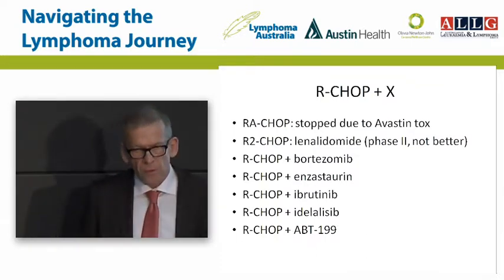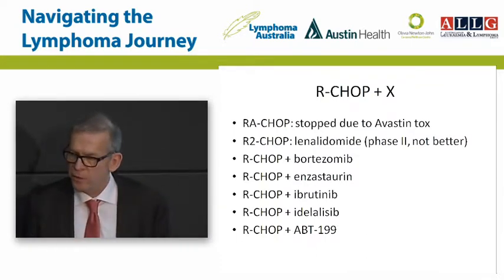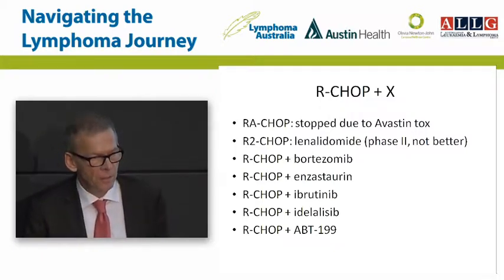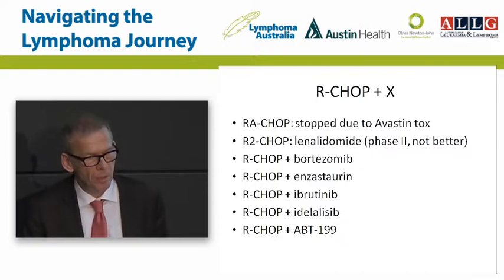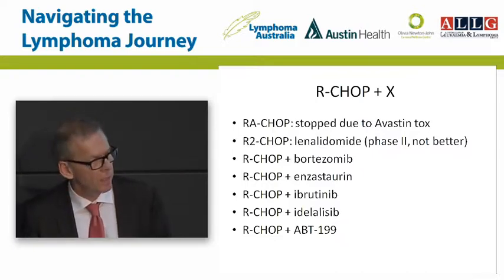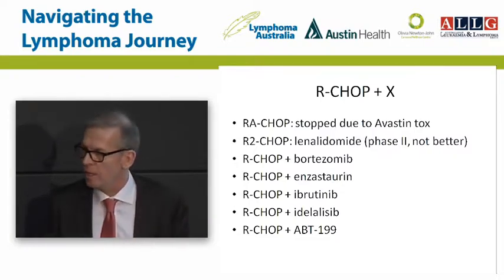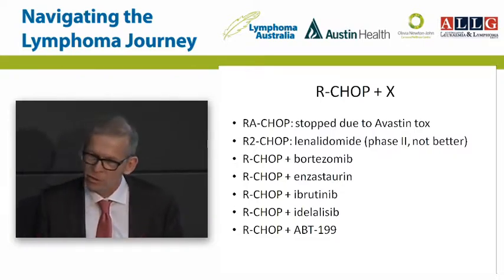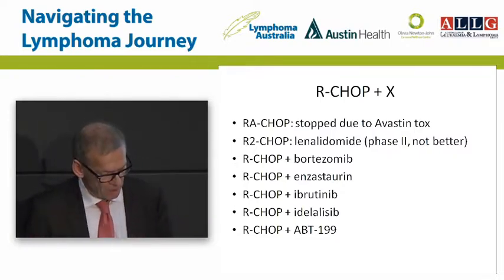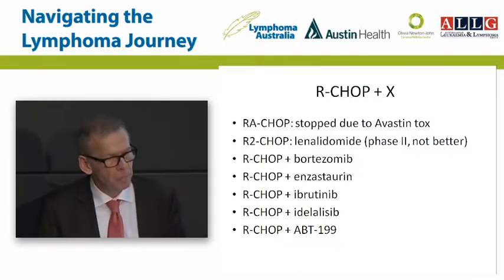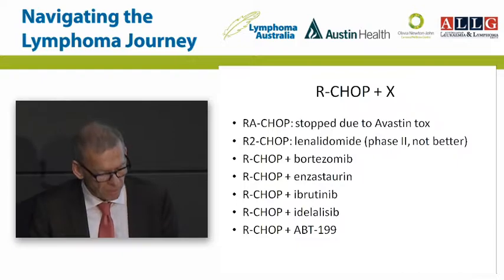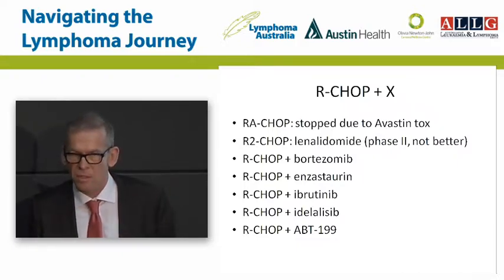So right now the research is on to find new partners for this chemotherapy and rituximab, R-CHOP. So R-CHOP plus X. What is going to be X? This has been the research for many, many years, and not really until now has an ideal partner for this treatment been found. Despite many, many attempts, it's not so easy.